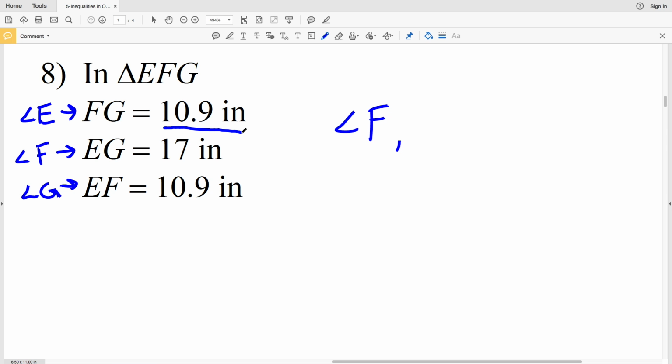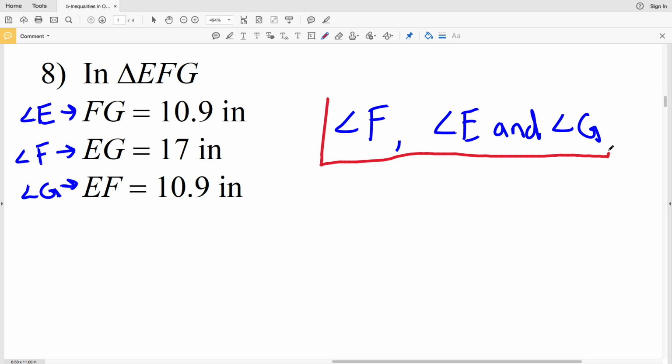And now we have 10.9 inches and 10.9 inches for two separate sides. And 10.9 is the smallest measurement. So we're going to have two angles that are the smallest since they're congruent. So our smallest angles are angle E and angle G. So angle F is our largest, and angle E and angle G are our smallest angles.